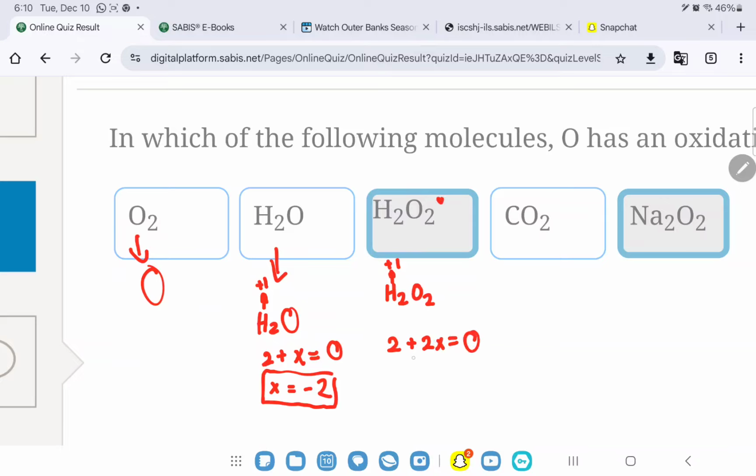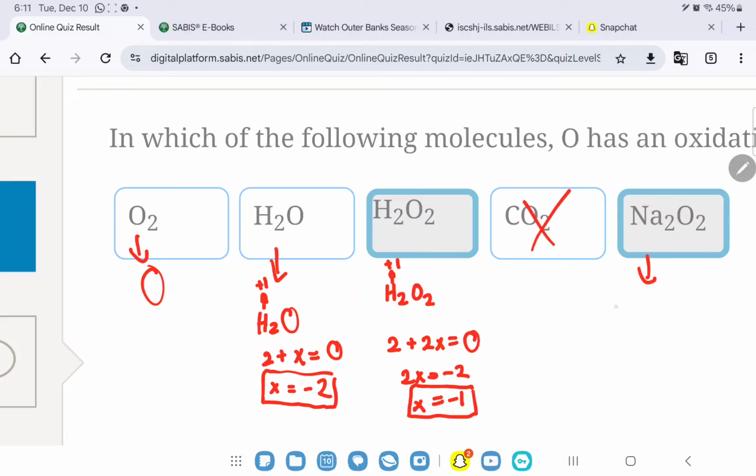Meaning 2 plus 2X equals 0, so 2X equals -2, making X equals -1. Meaning H2O2, the O here has an oxidation number of -1. CO2, we don't count CO2 because we don't even know what C's oxidation number is. C's oxidation number is always to be determined, so we can't even look at this one.